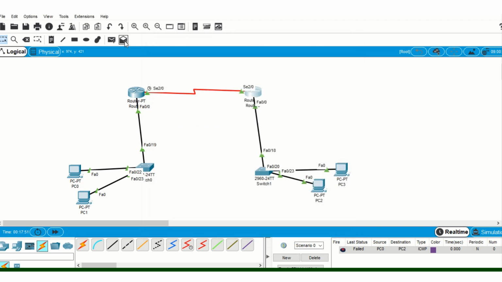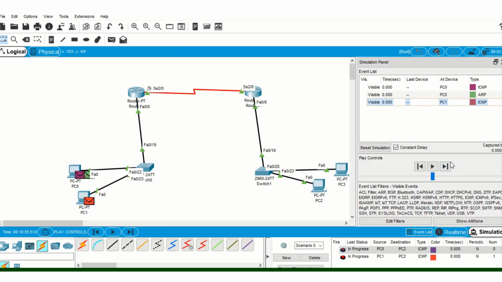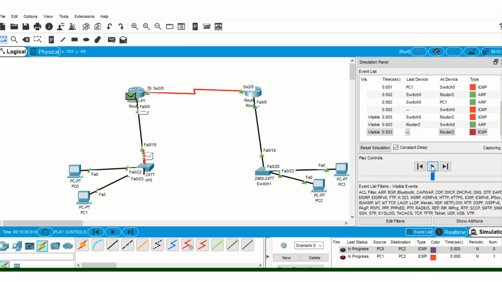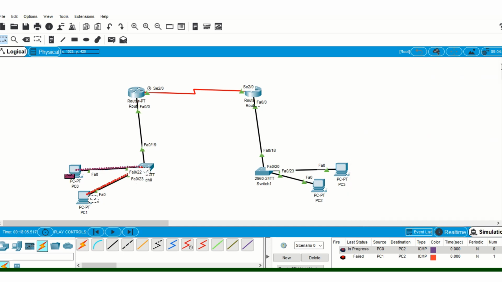Okay, now let's just see if it's working. No, it's not forwarding the packets.